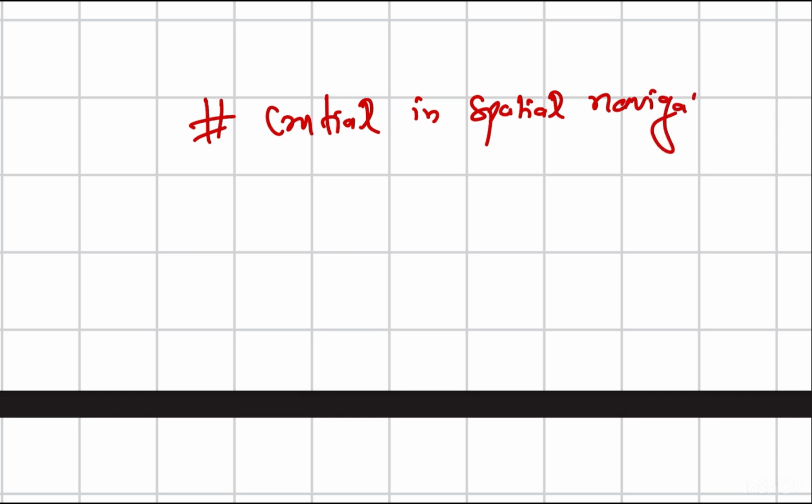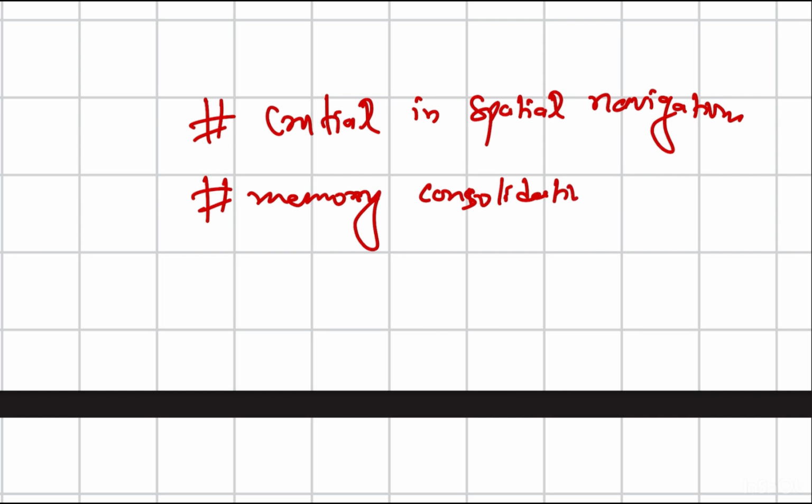There are two crucial functions: spatial navigation and memory consolidation. It is also sensitive to hypoxia and stress, and high cortisol impairs its function.